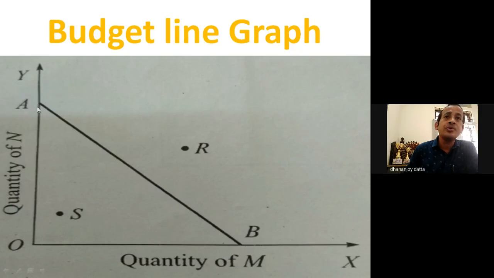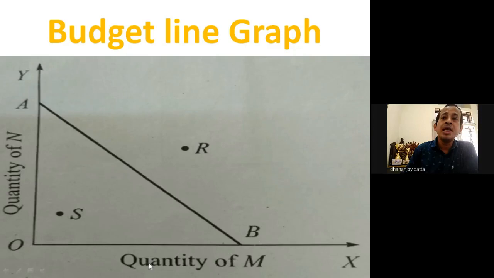So how are we drawing this budget line? With a particular amount of income, the consumer can purchase OB amount of M product. What I say?